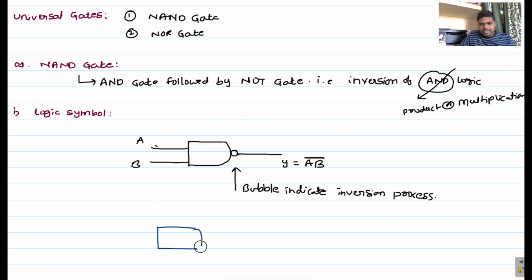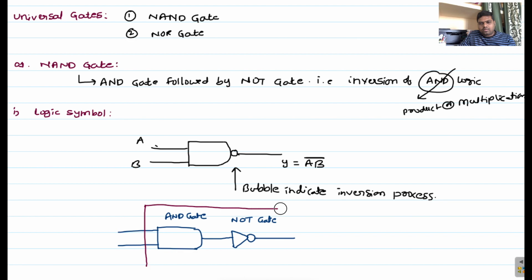So if we expand this particular logic diagram, this is our AND gate. After that you can take the inversion mechanism, that is NOT gate. So this is NOT gate. Otherwise you can take like this.